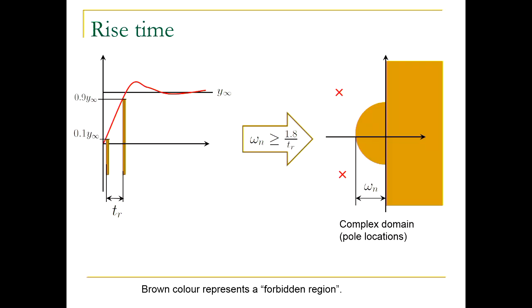Right half plane is always shaded. But this now tells you that you also have to avoid this semicircle in the left half plane, because omega n is really like the distance of your poles from the origin. Right, so you are basically avoiding this semicircle. Again, where does this 1.8 come from? From the analysis of the step response and the constraint that you are given.